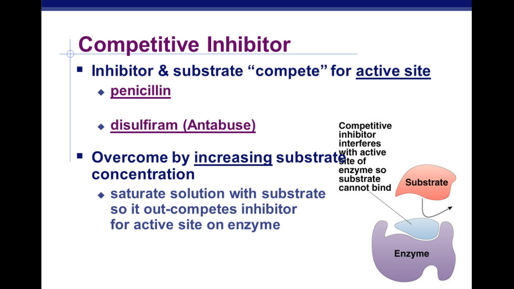Write in your notes that wood alcohol poisoning occurs because methanol is oxidized into formaldehyde, yuck, and formic acid, which attack the optic nerves, causing blindness. So if someone were to ingest enough methanol, they could become blind.